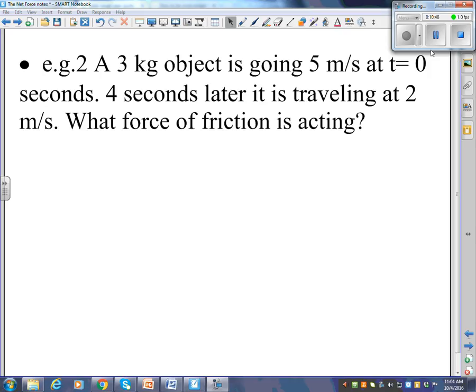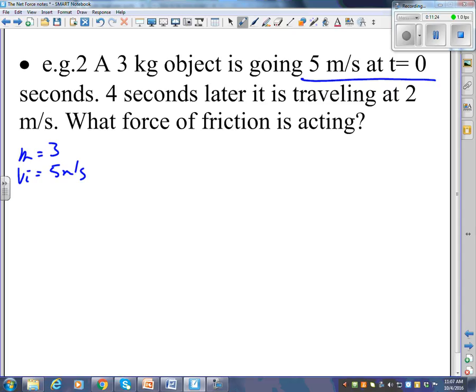So let's write it down, and then we'll identify what these numbers mean. A 3 kilogram object, mass is 3, is going 5 meters per second. What is that? The initial velocity at t equals 0 seconds. All of this is code for the initial velocity of the interval is 5.